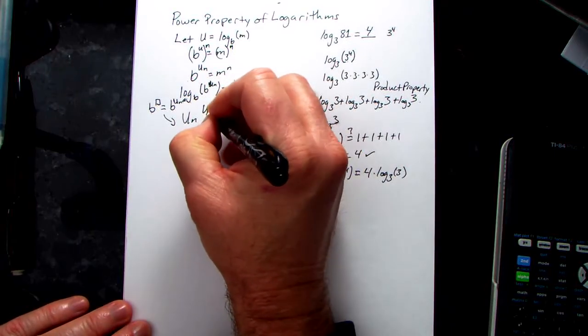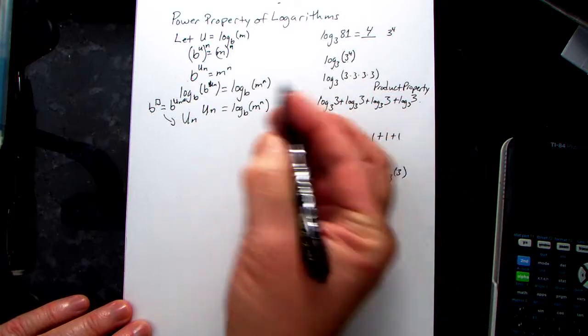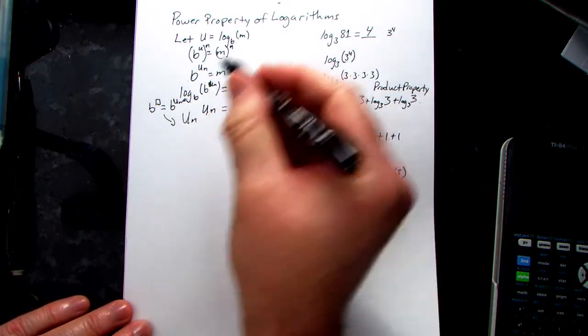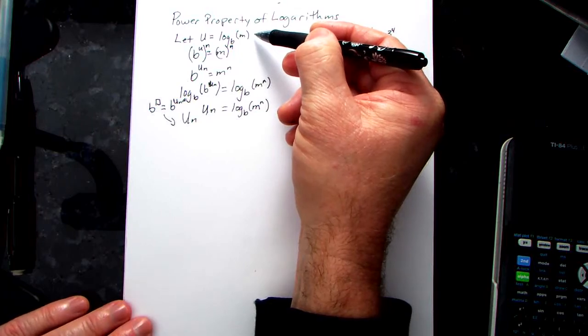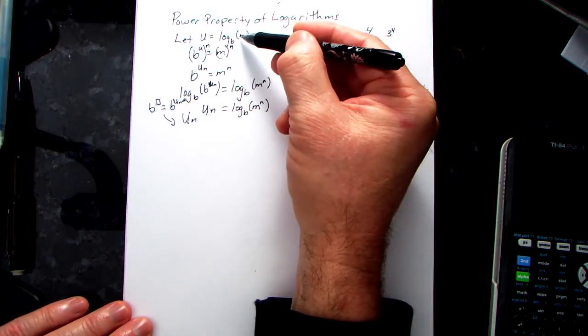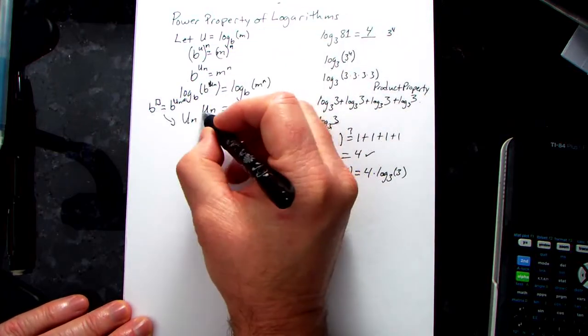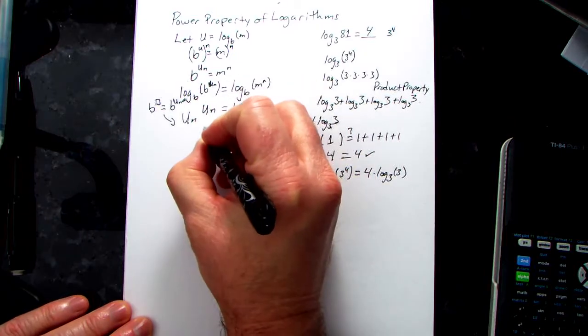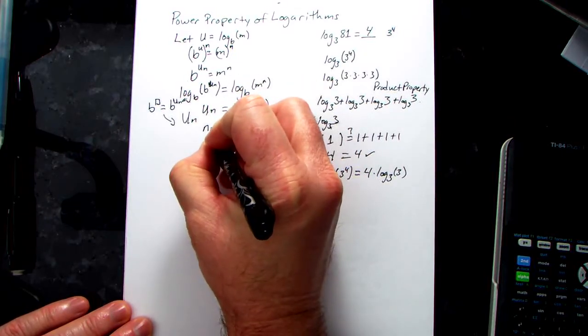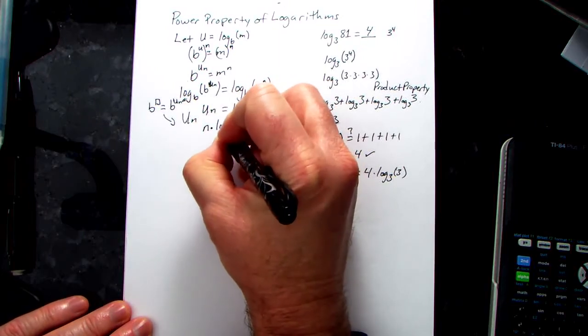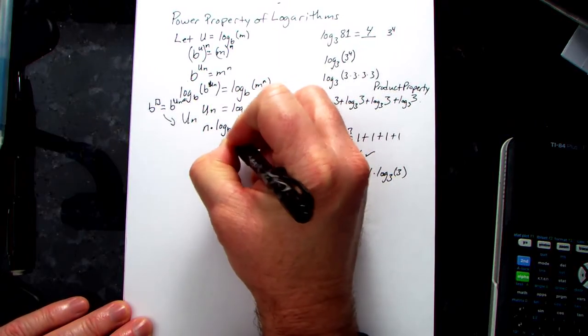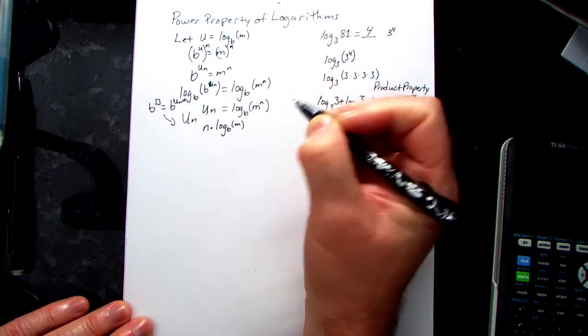Move that over here. Now going back to our very first statement where we said that u equals log base b of m, I can now rewrite this side. I'm going to write the n part first. U is log base b of m.